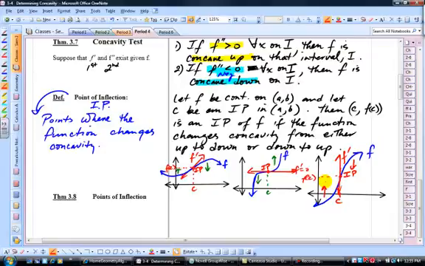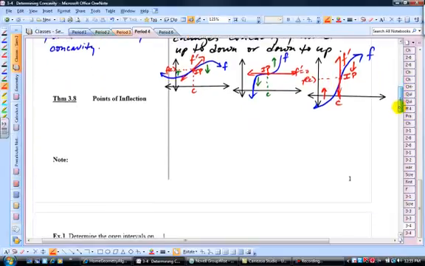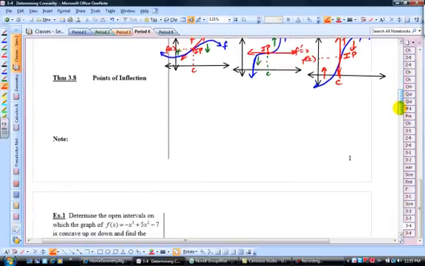Okay, so how do you find these inflection points? Because we need to find them in order to graph functions that have inflection points. Okay, so let's talk about that. How do you find inflection points? Well, let's say this.